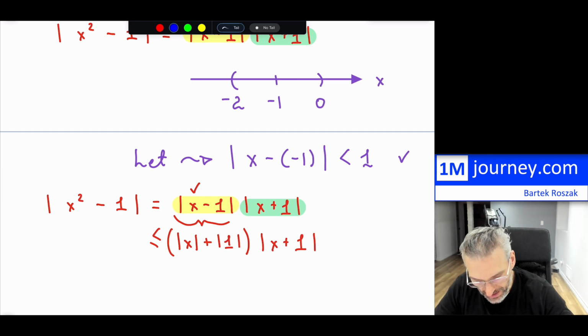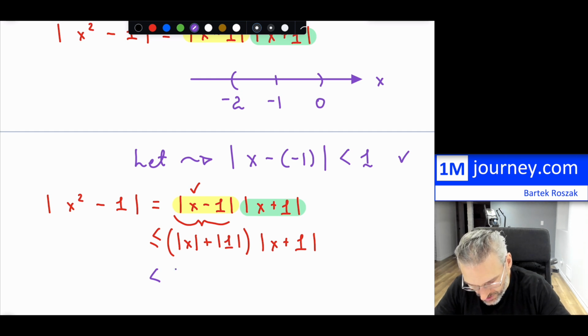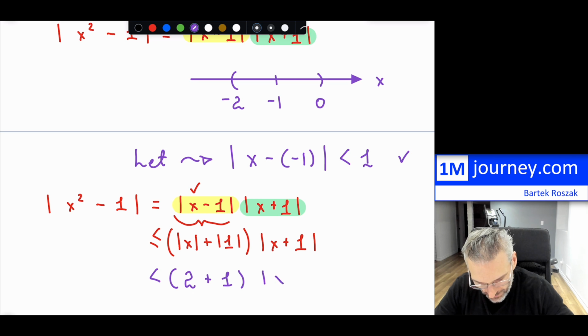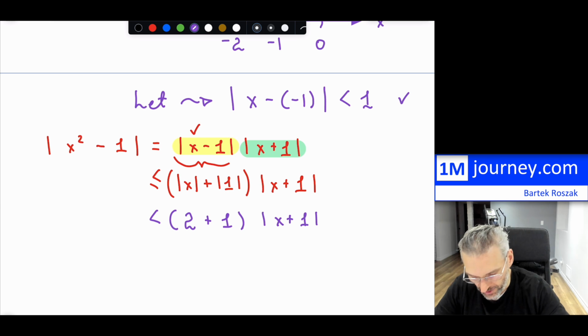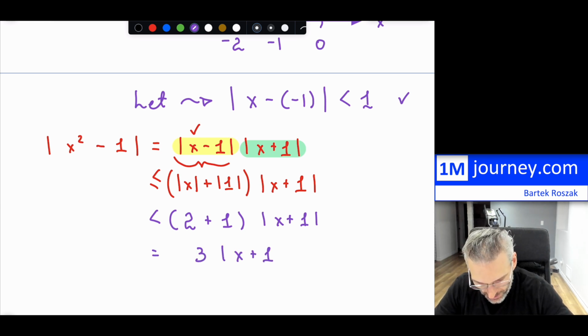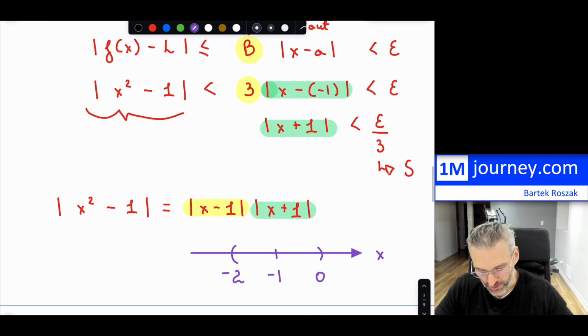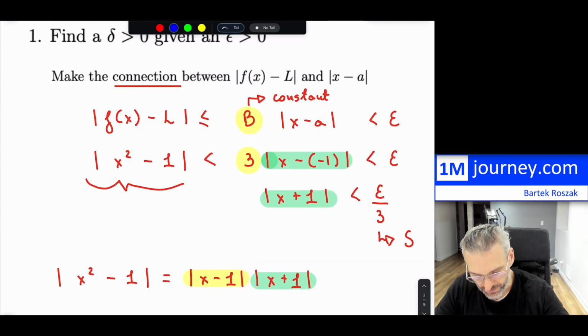And now, because of the fact that we make it less than, we have to be careful, and we'll say, okay, so this is going to be less than. And that less than now comes out. So notice if you put negative 2 into your x, and you put absolute values, it's going to be just 2. And this is going to be just 1. And then you have x plus 1. And that's how we found our 3, right? So this is equal to now 3, and then x plus 1, which is exactly what I was showing you right here.